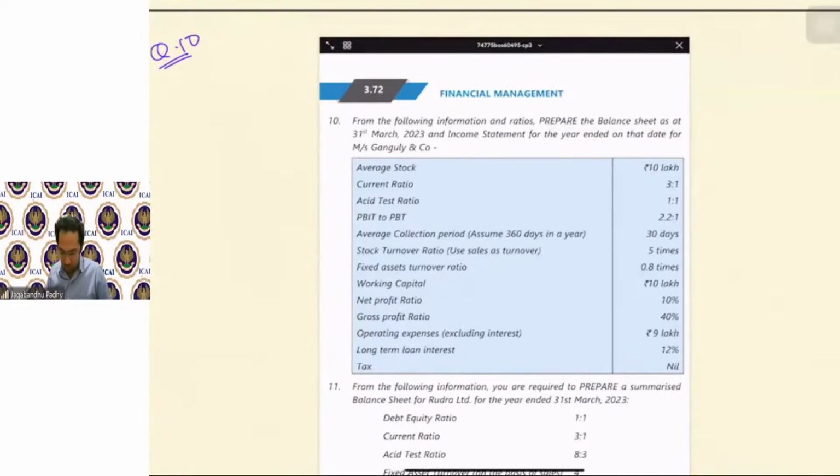Right. So we have an average stock of 10 lakhs. Remember, this is the average stock, which will be opening plus closing divided by 2. We have been given a current ratio of 3:1, acid test ratio of 1:1, PBIT to PBT is 2.2:1, average collection period 30 days, stock turnover using sales as turnover is 5 times, fixed asset turnover is 0.8, working capital is 10 lakhs, net profit ratio is 10%, gross profit ratio is 40%.